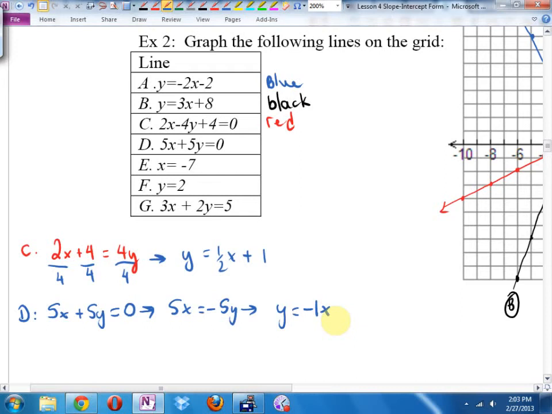Is that right? I got y equals negative 1x, or you could just write negative x, and I would clue in there was a 1 there, but some of you hate that, so I put the 1 there.